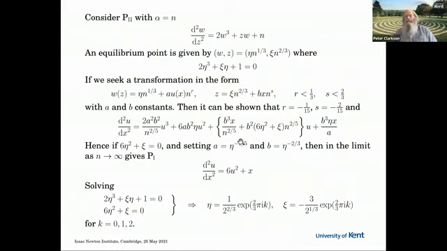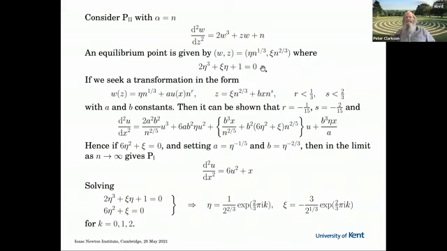Now, we're looking at the limit as n goes to infinity, and so we're going to have to assume that 6 eta squared plus xi is 0 for this to happen. And then if we set a to be minus eta to the 5th and xi to be minus eta to the 2/3 of b, then in the limit you get Painleve 1.